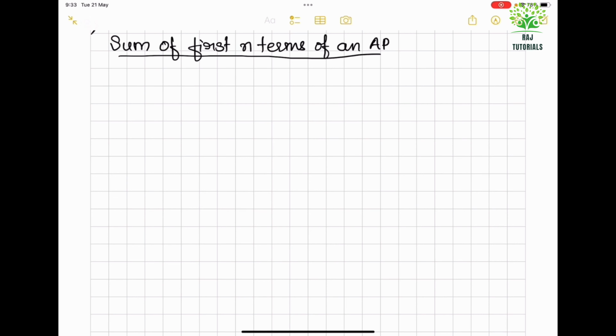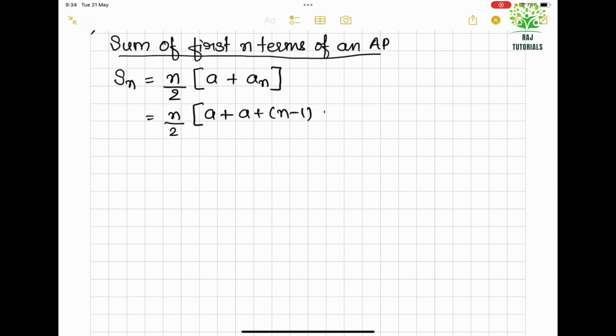The next topic is the sum of the first n terms of an AP. So we can say Sn is the sum of n terms. That is represented by n by 2 into (a plus an). This is the first formula. Then I can simplify that: n upon 2 into (a plus an), where an was a plus (n minus 1)d.